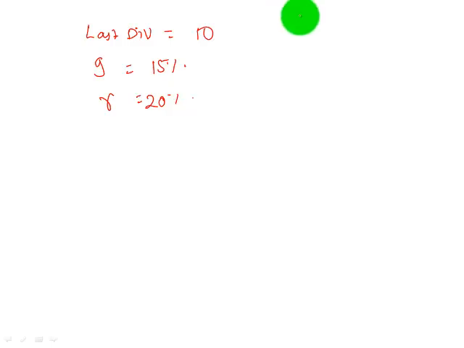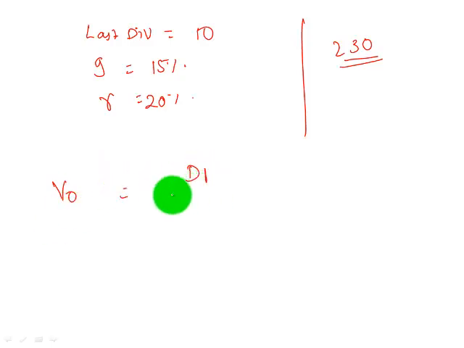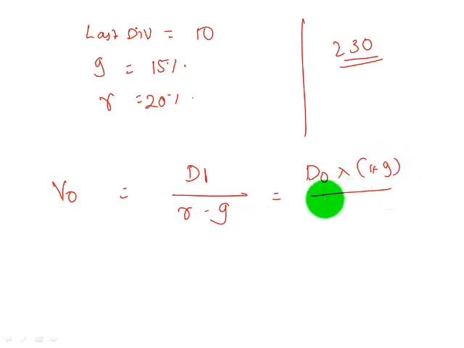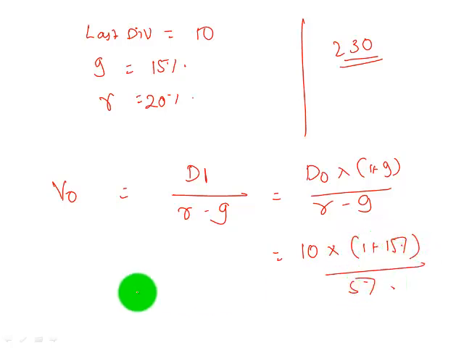$230. So how are you calculating this? Value of a stock at time 0 is equal to dividend of time 1 divided by R minus G. D1 can also be calculated as D0 into 1 plus G. So which is 10 into 1 plus 15% divided by 5%.